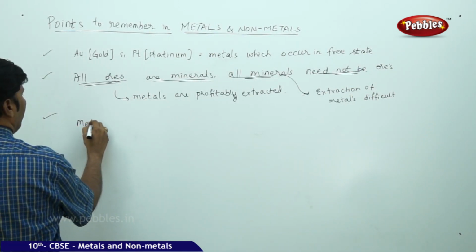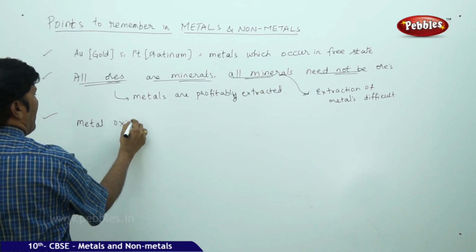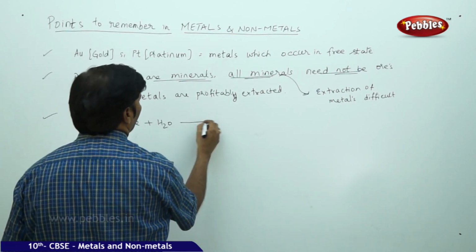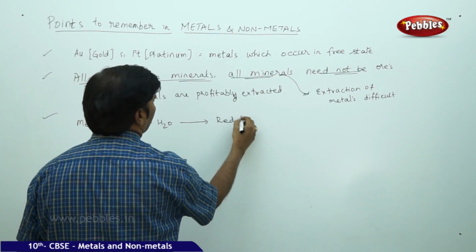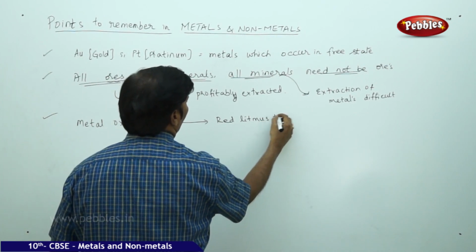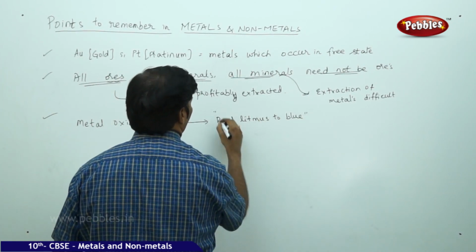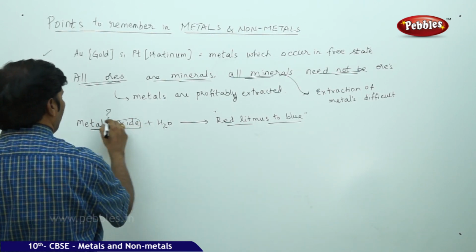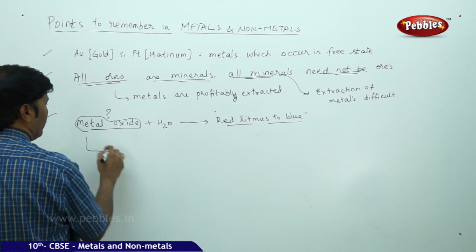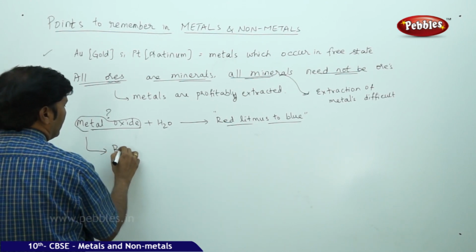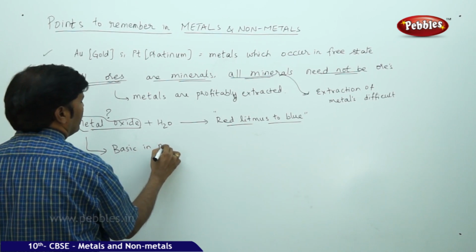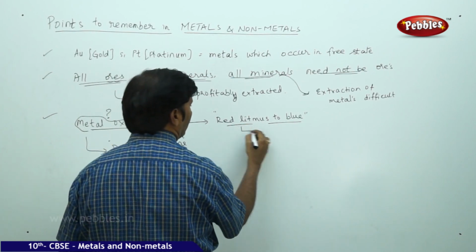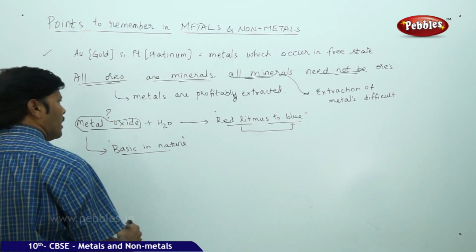The metal oxide when dissolved in water changes red litmus to blue. What could be this metal oxide? This metal oxide should be basic in nature, because only the metal oxides which are basic in nature can convert the red litmus paper to blue.